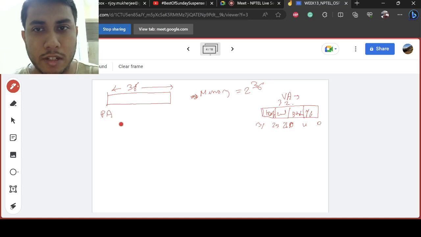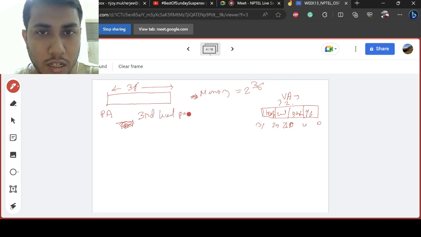So first task is to calculate: what does the third level page table do?